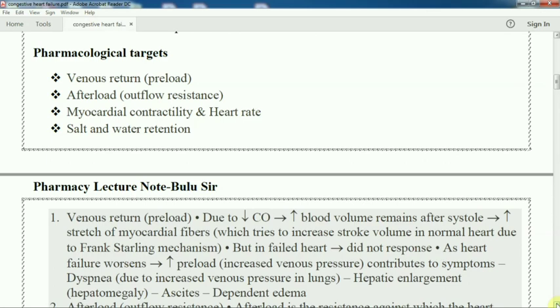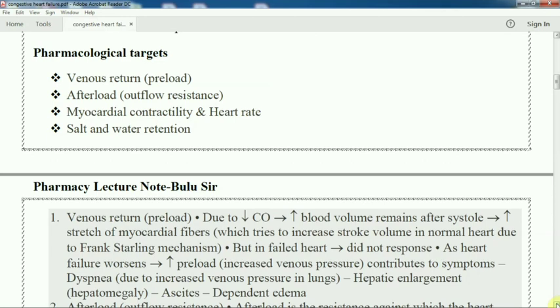So, a quick recap, what is preload? See the difference between a normal person and a person suffering from congestive heart failure. In a normal person, if the cardiac output decreases, what happens? The blood remains present within the ventricle.